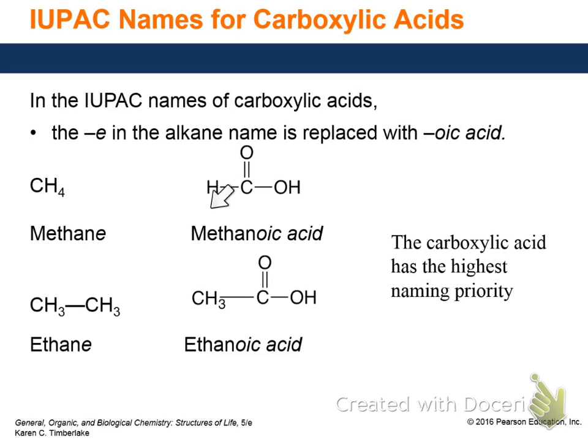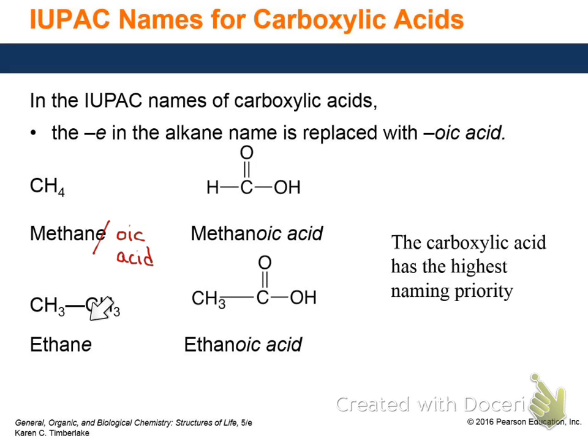You get rid of the E, and you put oic acid on it. So this is methanoic acid. All I did was take the E from the methane and put OIC. Get it? OIC. Never mind. It's not funny. I try to make it funny. Methanoic acid.